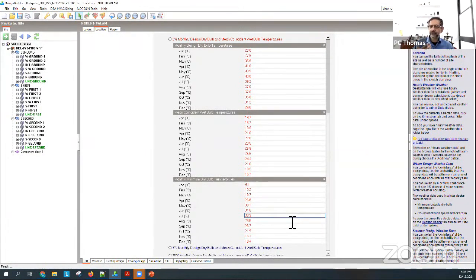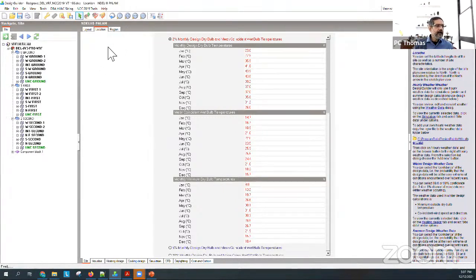So what you're telling your client is 2% of the year, my air conditioning system won't be able to keep the thermostat settings. It will drift a bit. Now, if you're okay with that, we can significantly reduce the size of our air conditioning system and therefore the cost of that system. Okay.